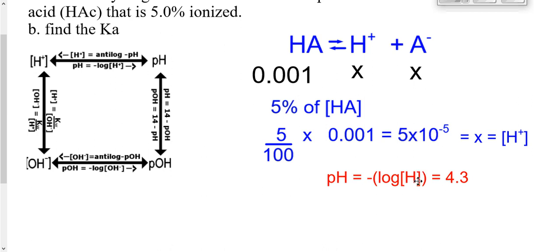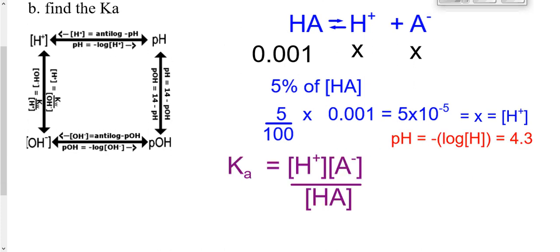We've also been asked to solve for the Ka. So from this balanced equation, we can write an equilibrium expression. Using the same pattern we've used for all equilibrium expressions of products over reactants, Ka is going to be equal to H times A over HA. Since H and A are the same value, we're going to substitute 5 times 10 to the minus 5 times the same value squared over the concentration of the acid, 0.001.